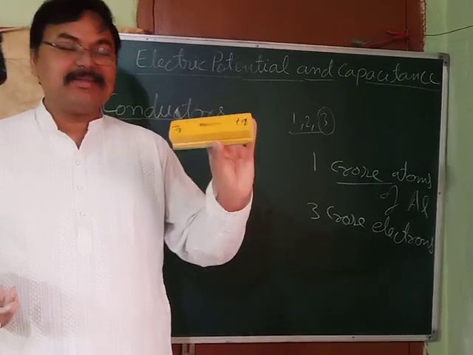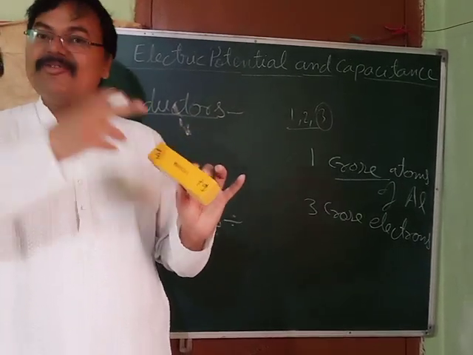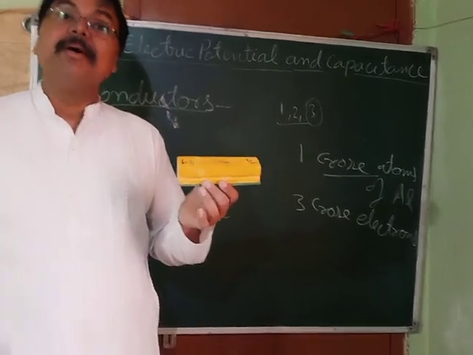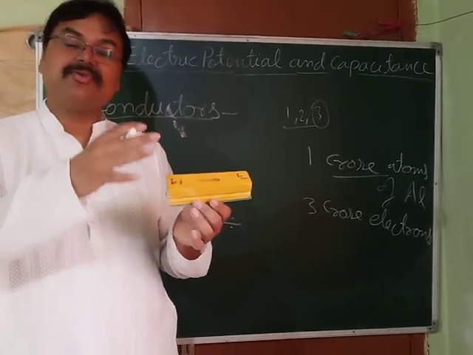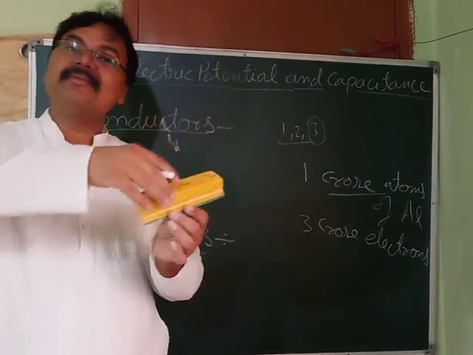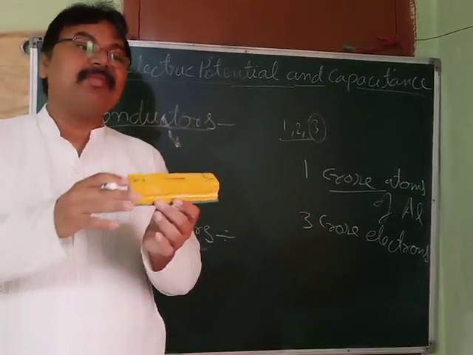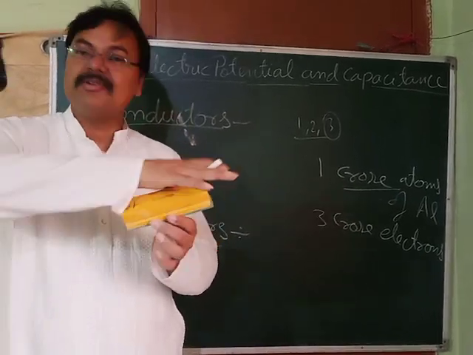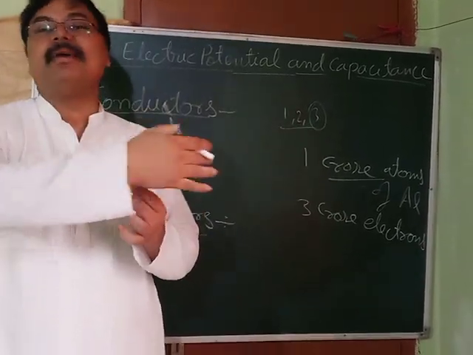So basically this is neutral, because no electron has gone out or come in. The valence electrons of all the atoms have left their atoms, but they are there in this metal piece, and they can move throughout the bulk of the metal as well as on its surface, here and there.